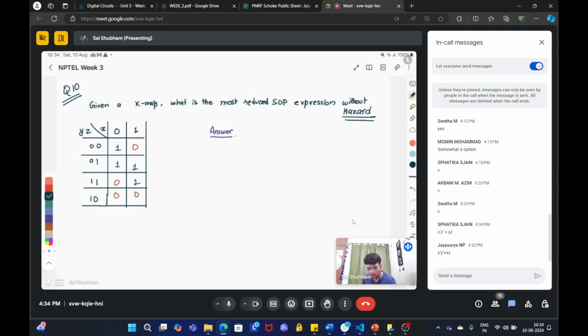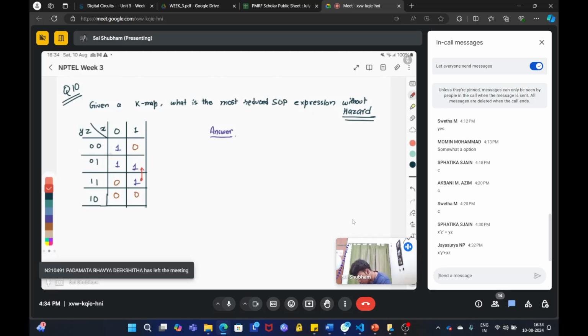So hazard, I would give a hint. Hazard means that whenever there is a signal transition, we want the output to be stable without any glitch. For example, if I am transitioning from this point to this point, which means that my signal y changed from 1 to 0, I want my output to be 1 despite the change.